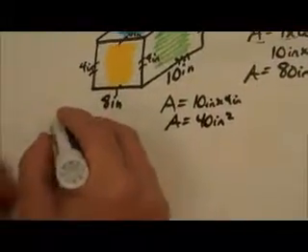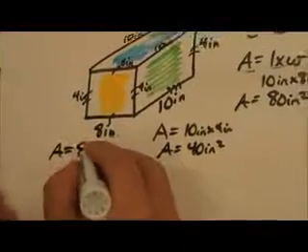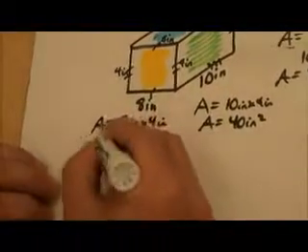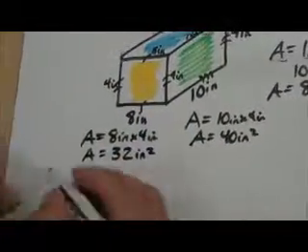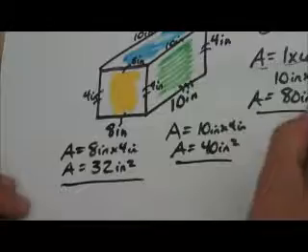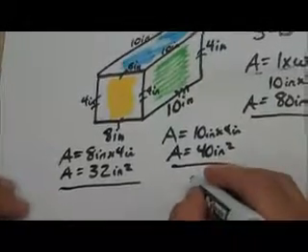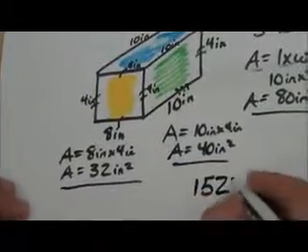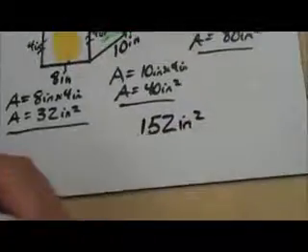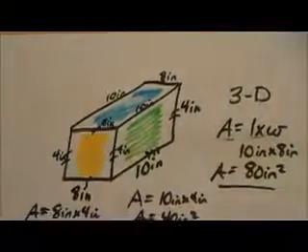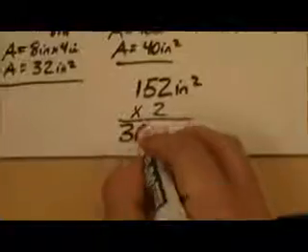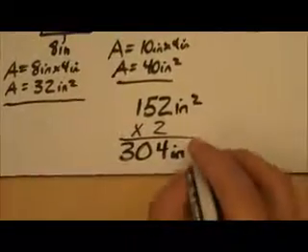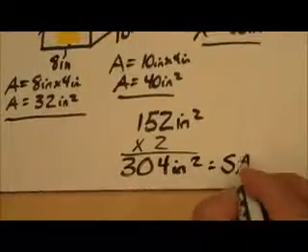And if I look at my yellow, I have 8 inches times 4 inches, which would give me 32 inches squared. Take my 3, add them together, and as we saw before, that will give us 152 inches squared. But I only see the front side of this figure, so I just need to double it for the back side, so times 2, and I will still end up with 304 inches squared for my surface area.